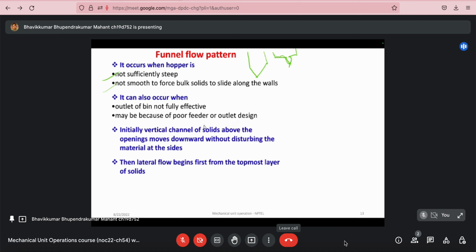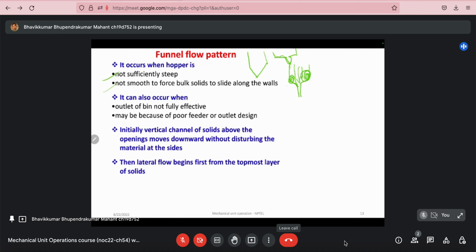Funnel flow pattern means your flow is generated in some funnel kind of structure, and then there is a stagnation zone where material gets stuck. Initially, the vertical channel of solid above the opening moves downward without disturbing the material at the sides. That is the thing: material will move downward without disturbance of the side material, and then that will be converted into the stagnation zone.